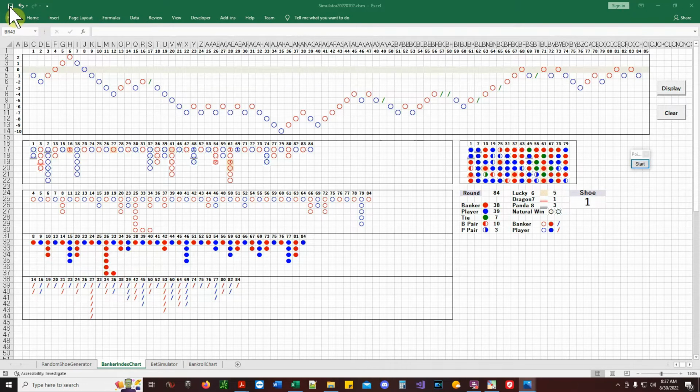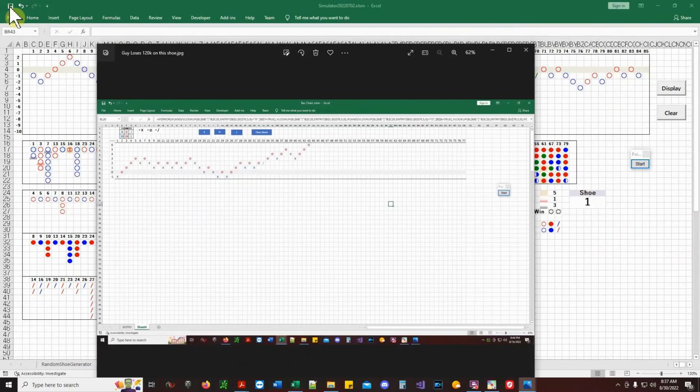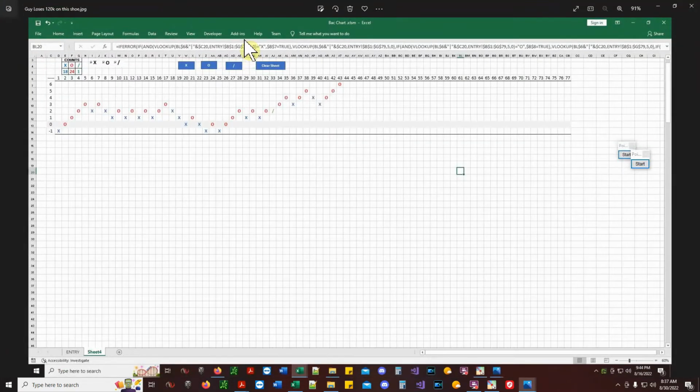Here's the shoe. Okay. He was determined. He only played 43 hands. Okay? He played 43 hands. He was playing live on the internet.